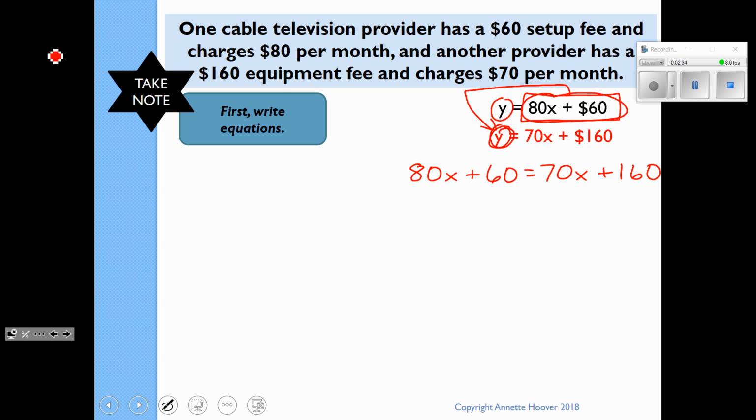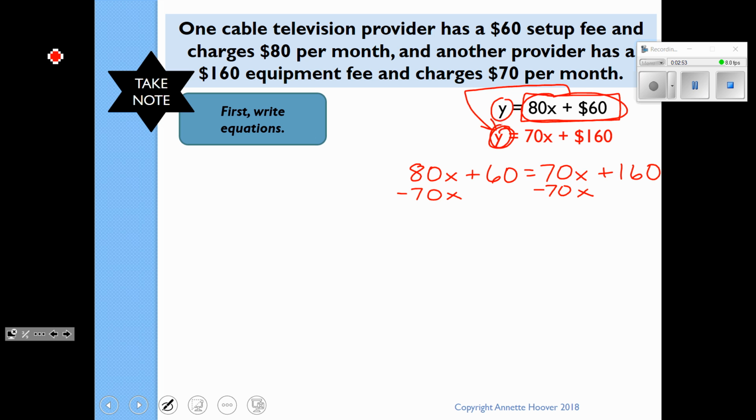Now we have a variable on both sides of the equation. It's easier if we try to keep the variable positive. So I'm going to choose to move the 70 from the right side to the left side. That way I'm going to have a positive 10x.